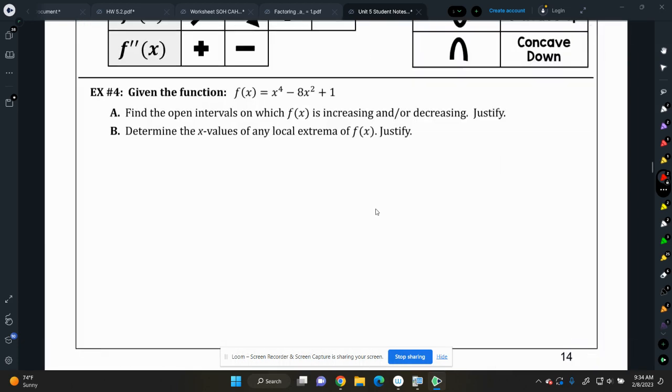Okay, let's look at this example, number 4. Find the open intervals on which f is increasing or decreasing and justify. Make sure that when you're answering these questions that you're clearly showing which part you're answering. So we're going to do f prime of x equals 4x to the third minus 16x.